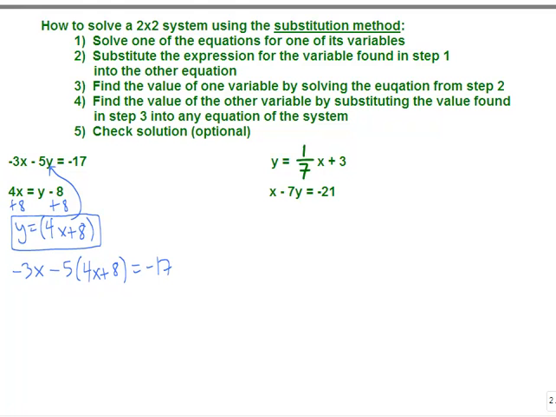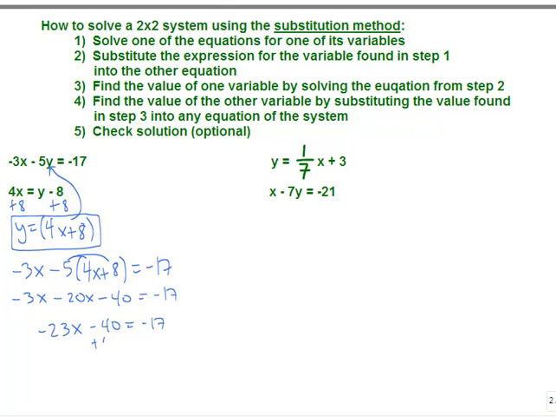If you've done this correctly, then you should now have an equation that only has one variable in it, only x's or only y's. And so that should be something that you can solve. All we have to do here is distribute our negative 5 across. So we're going to get minus 3x minus 20x minus 40 equals negative 17. I have a couple like terms here, so negative 3 and negative 20 is negative 23x.